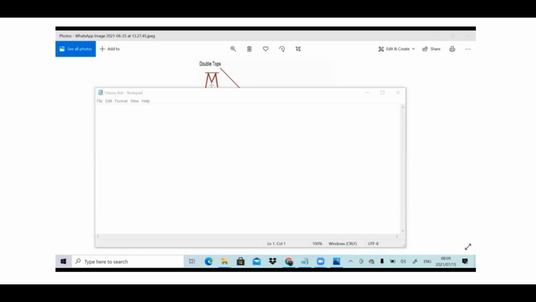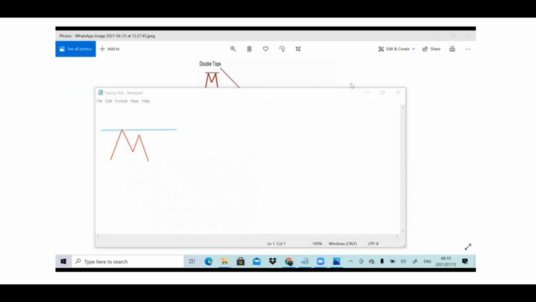So when I mean that, you won't find them being symmetrical. Sometimes you can find a double top like this. Now this being at this point and this here.